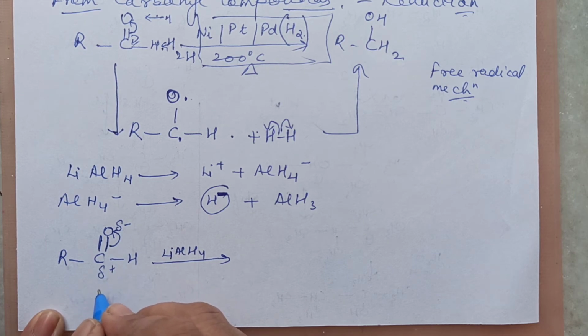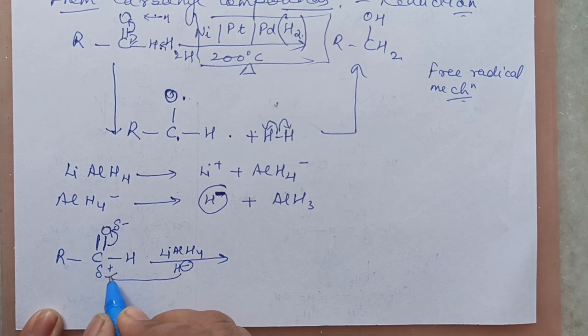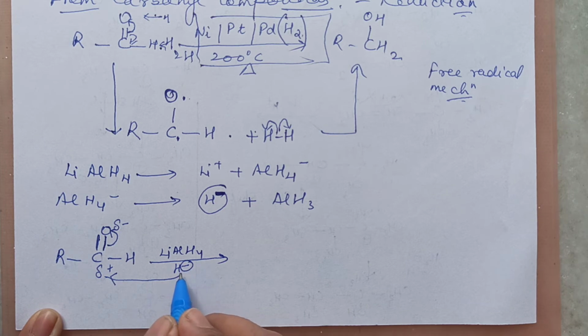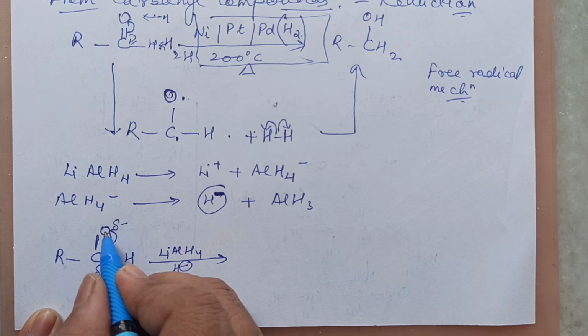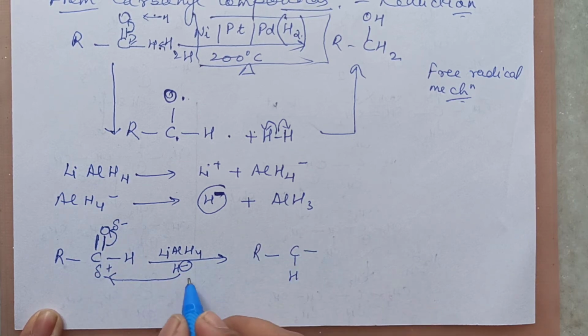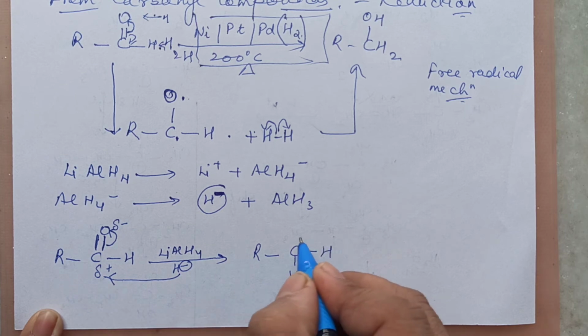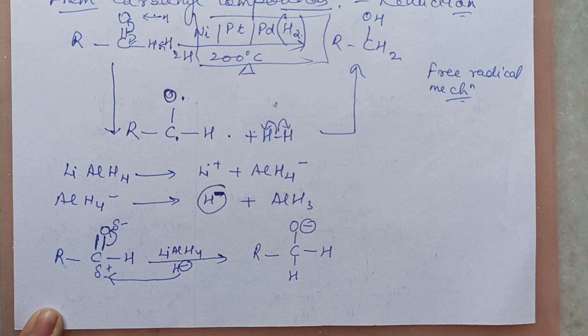When this gets partial positive charge, the H minus which was liberated by lithium aluminium hydride is attacking on this particular carbon atom. When this attacks here, this bond goes on that particular oxygen atom. So what you get is R, H, this H is from the hydride, H, O, and this gets complete negative because this bond has gone there.